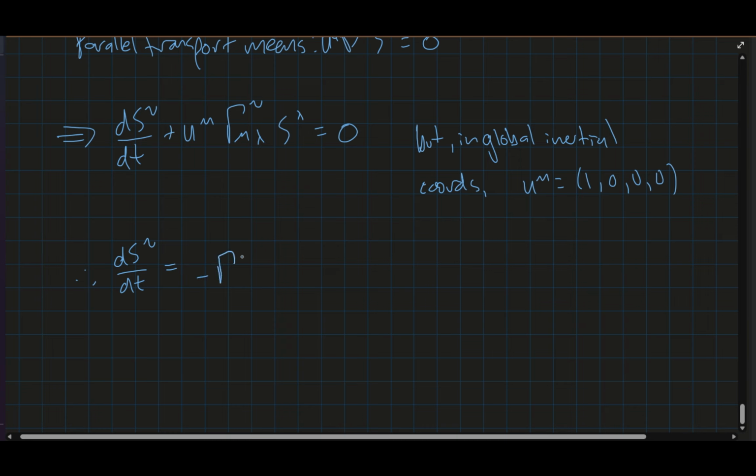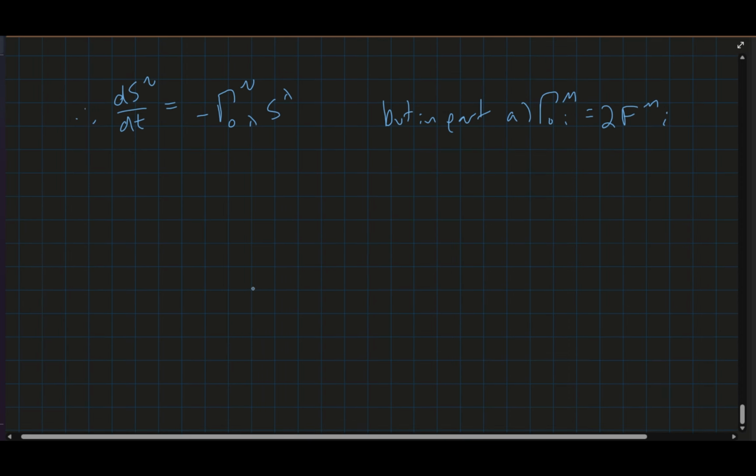It's going to have the effect of giving us Gamma^nu, fixing a 0 into this index, lambda, S^lambda. But remember in part A, we showed this relation for the Christoffel symbol. So let's just plug that in.